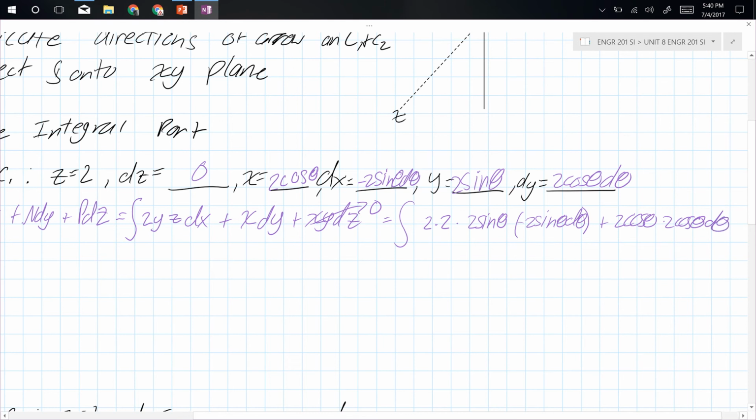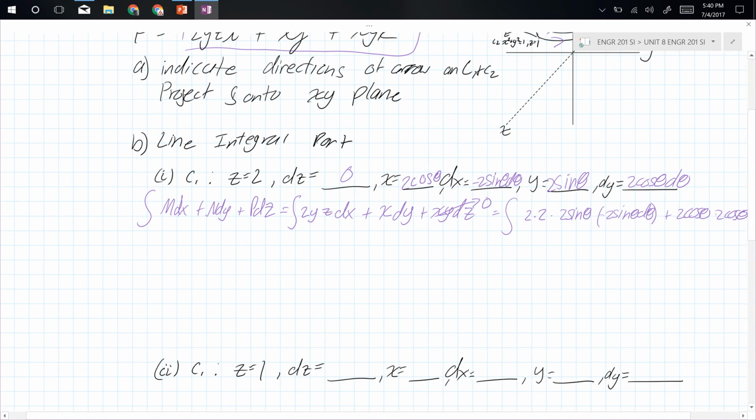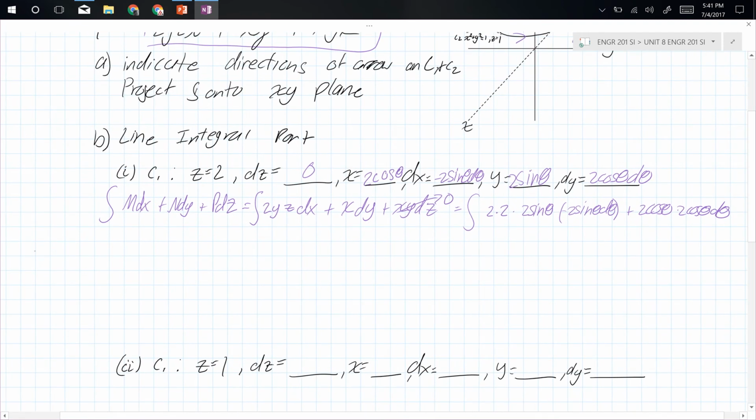We'll simplify this in the next line and start evaluating it. So it would be negative 16 sine squared theta plus 4 cosine squared theta, all times d theta.